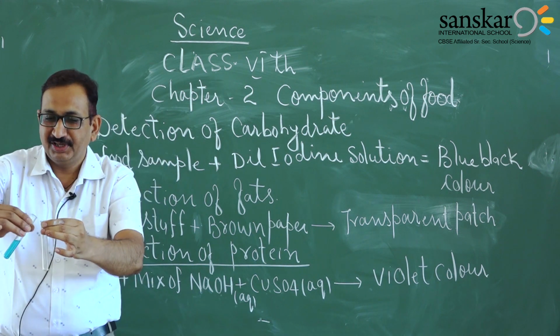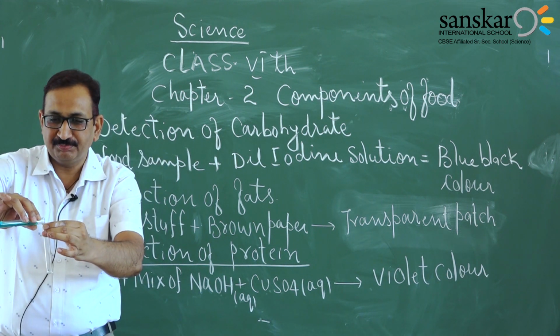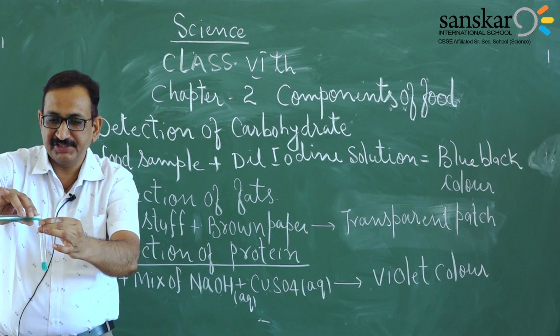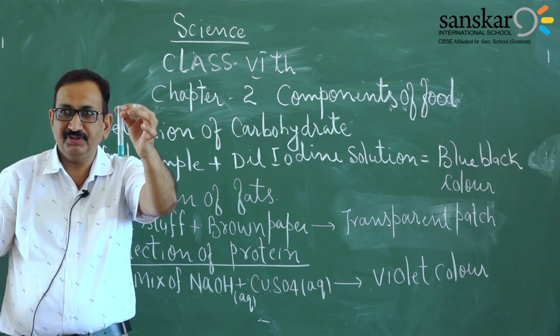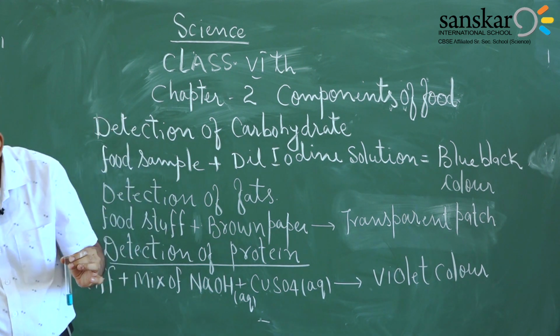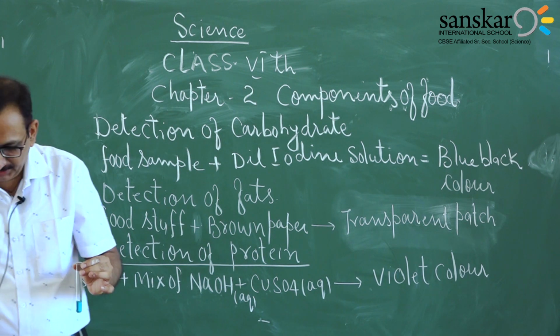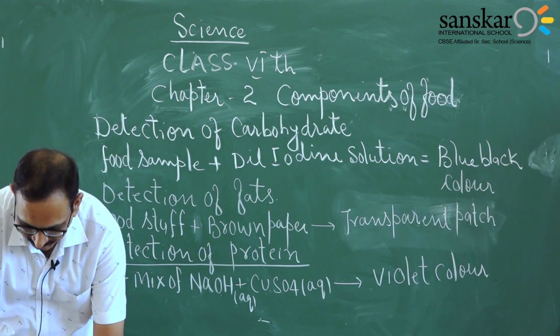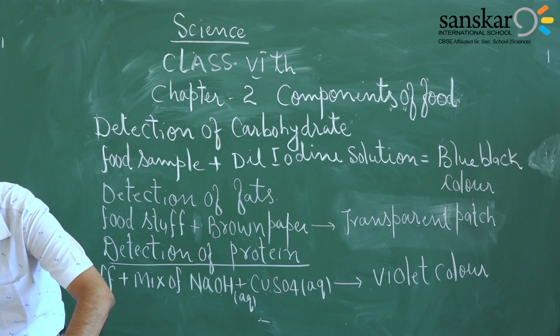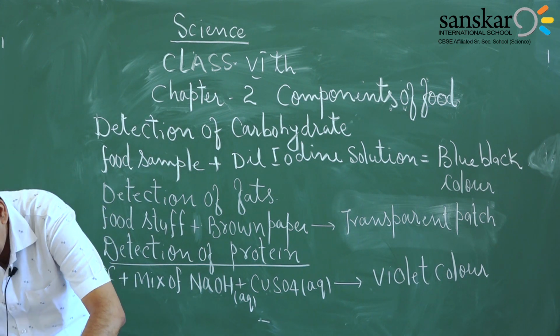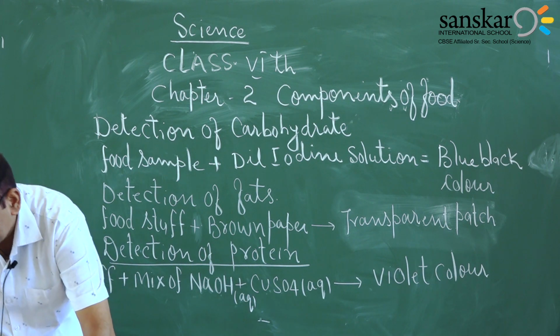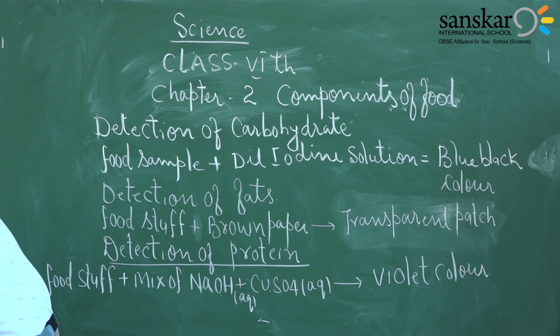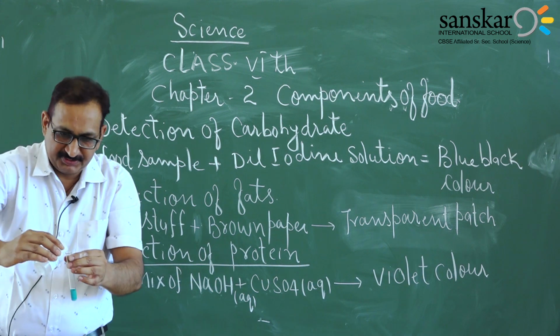So I will put a little bit of this freshly prepared copper sulfate solution. So this is the copper sulfate solution I have taken, and now I will add this sodium hydroxide to it. Just you see, wait. So students, I will add 50%.